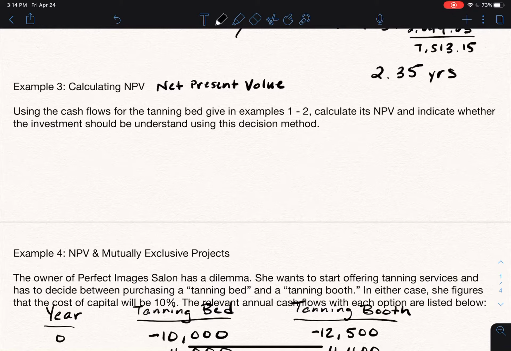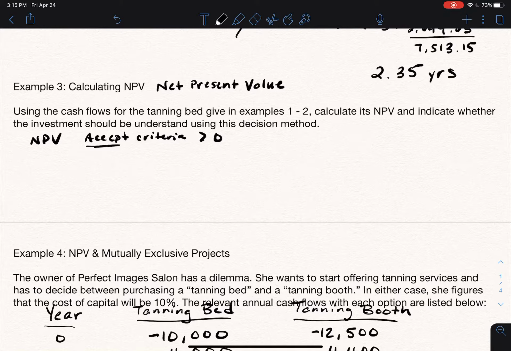And the reason why we love this decision is because it has a very, very simple accept or reject criteria. So when you're doing the net present value, all you need to know is that the accept criteria is that the final answer must be greater than 0. And as long as it's greater than 0, then you approve, you accept.